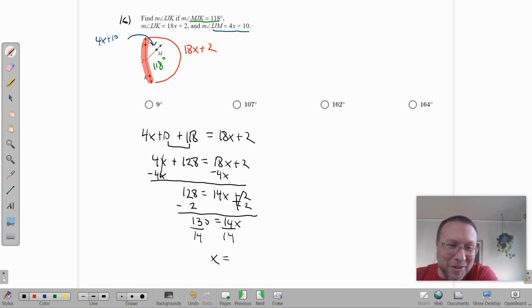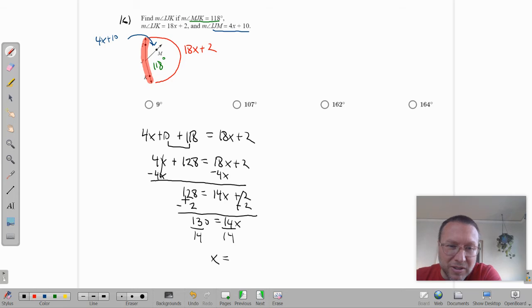So notice what happened here. This is a very good example. I just call these human being mistakes. It's not even really a math mistake. I wrote minus 2, but 128 minus 2 is not 130. What did I do? I added it for some reason. I have no idea why I did that. So I think that's a good example of the kinds of silly mistakes that sometimes happen to us.